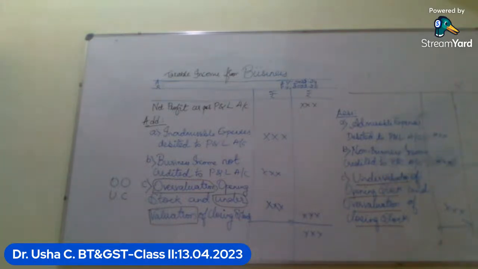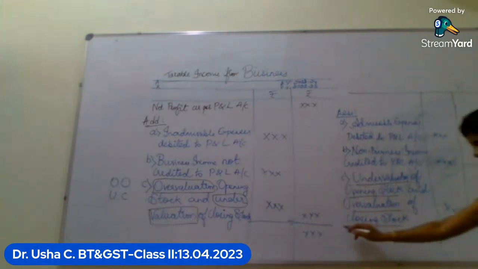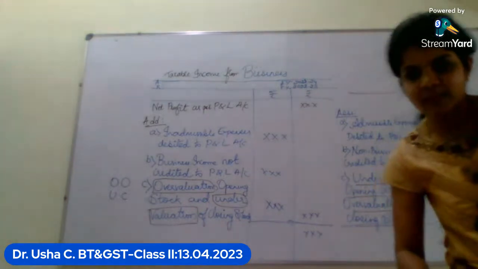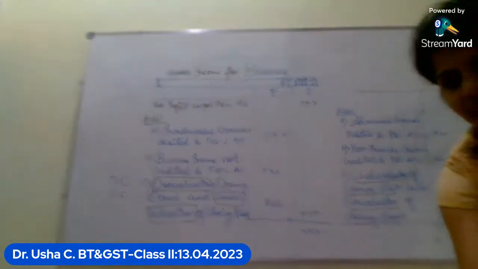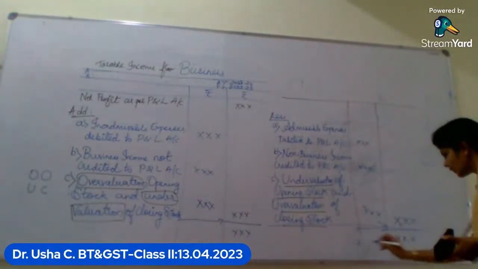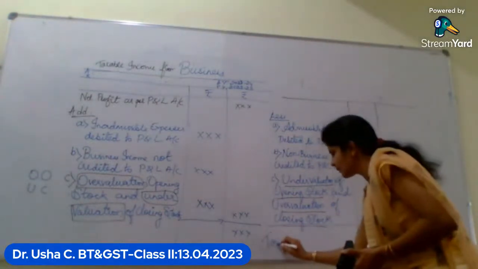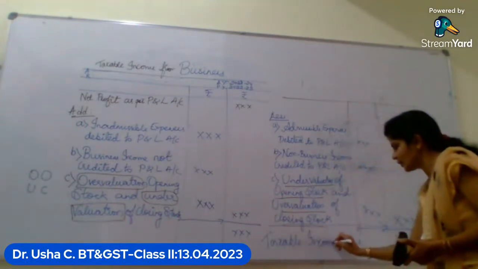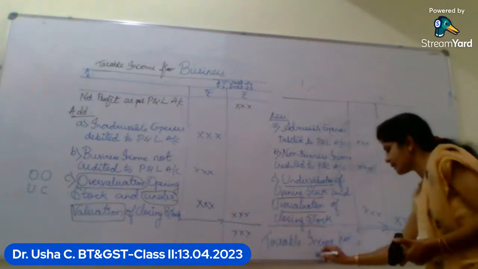So why must all these three be deducted? If you deduct these three from the total you got, and if you deduct this amount, I think it is visible, the balance you get is called taxable income from profession. Taxable income from business.